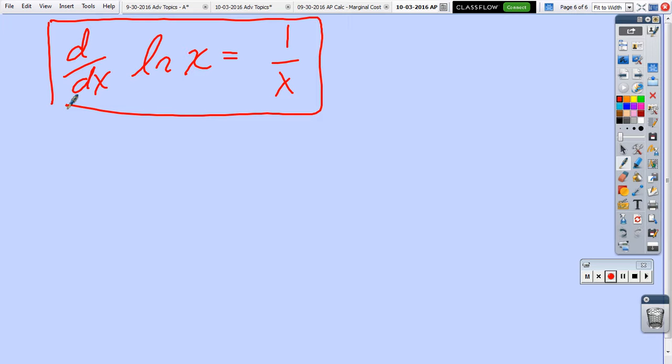If you were to apply the formula on page 175, it would simplify here, just like if you did the derivative of e to the x with the whole formula, it would simplify to e to the x, like we did for the warm-up. So this is one you should know: the derivative of ln of x is 1 over x. This is the formula on page 175, how to take the derivative of log functions.